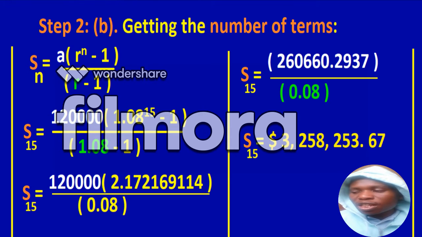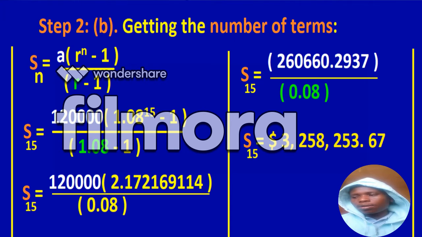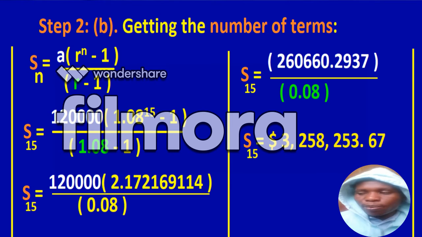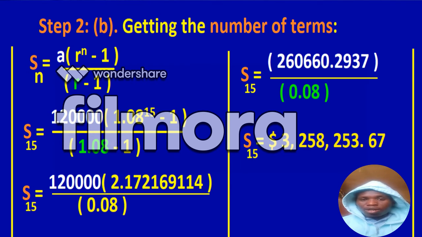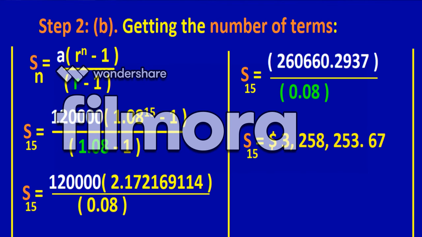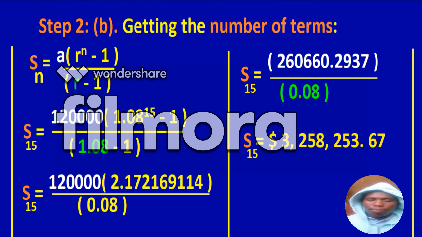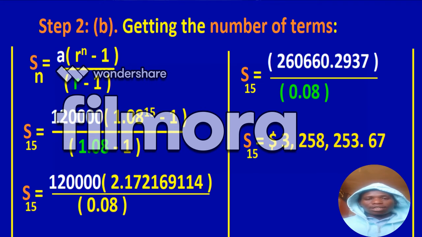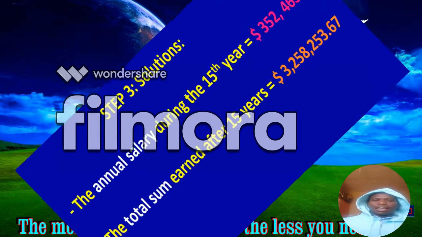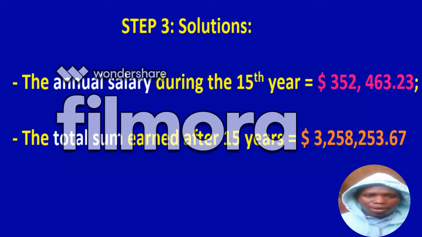If you simplify that expression, you're going to end up with 120,000 times 2.17216914, or 2.1726 to four significant figures, all over 0.08 in the denominator. Then for the simplification, you will end up with 3,258,253.67.